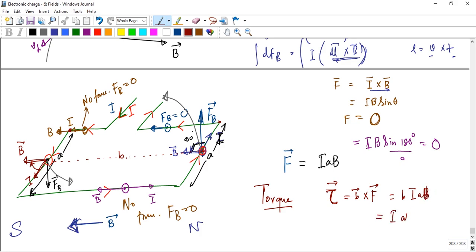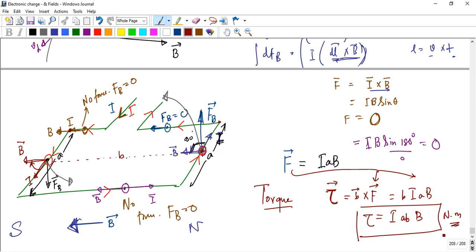The force is put here, giving the value I A B, and the unit of tau is the newton meter.